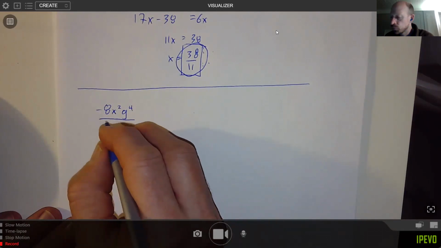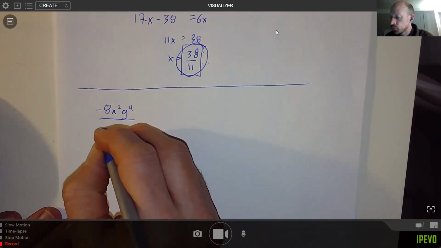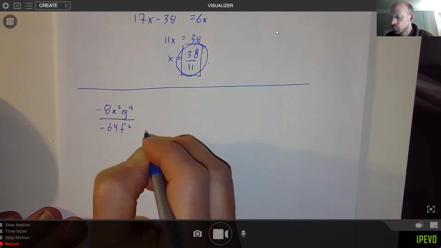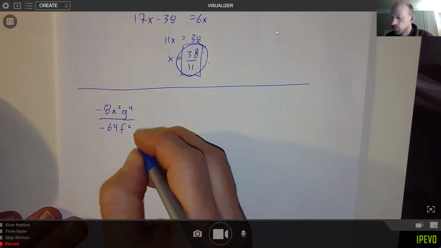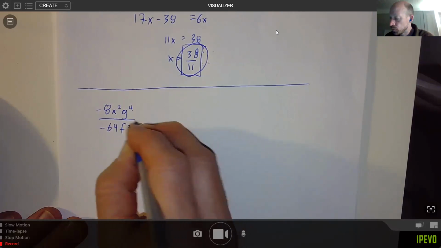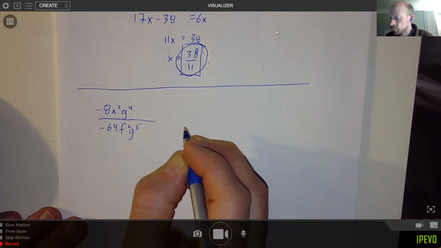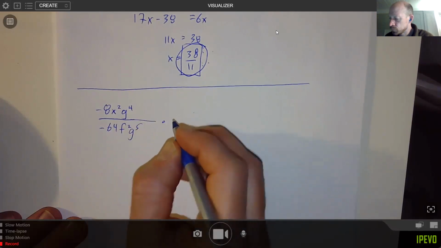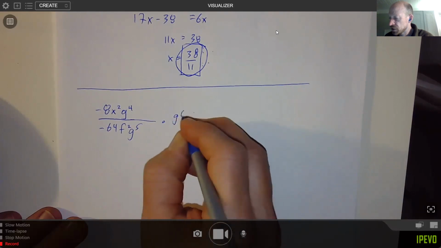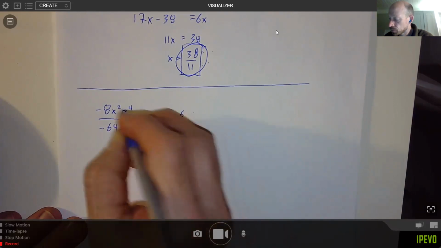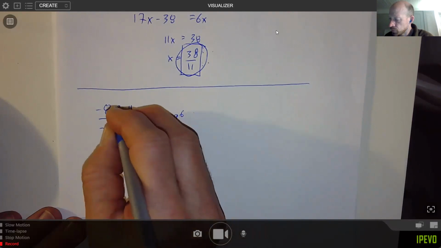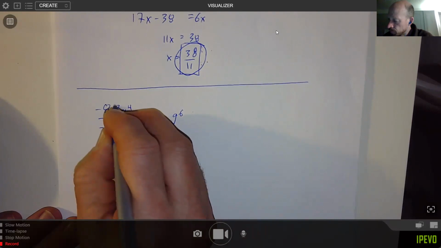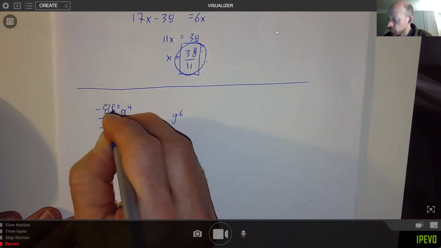So it's the same as negative 64f squared, and then g to the 5th. And then everything is times g to the 6th. G to the 6th? Yeah. Was this an f or an x here? That's f squared. F? Yeah.